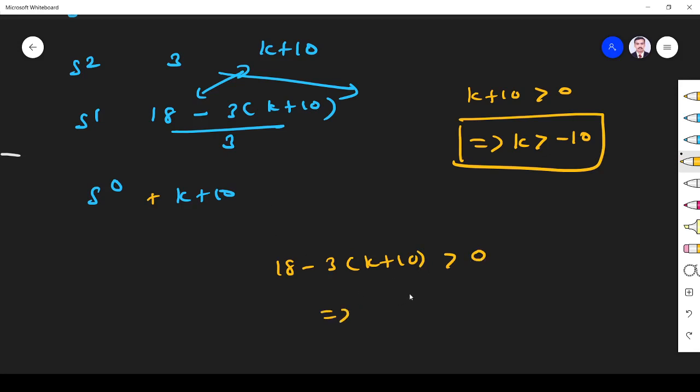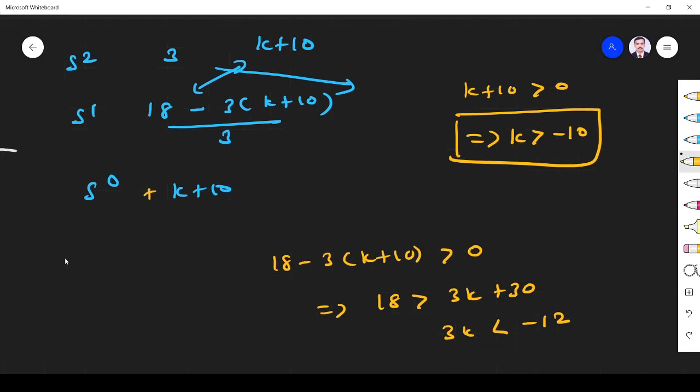So let me say 18 must be greater than 3k plus 30. So 3k must be less than minus 12. So k must be less than minus 4.